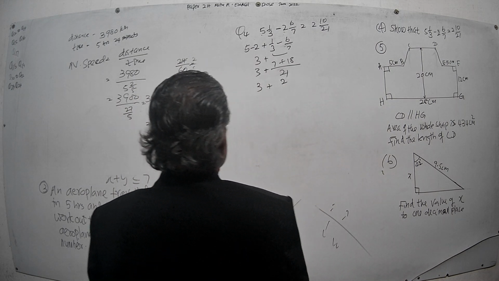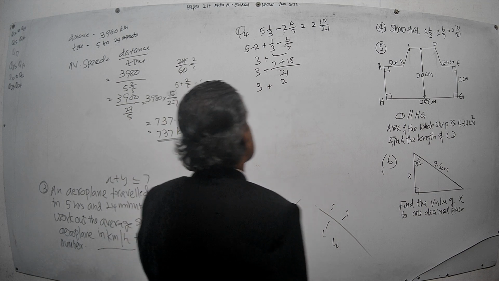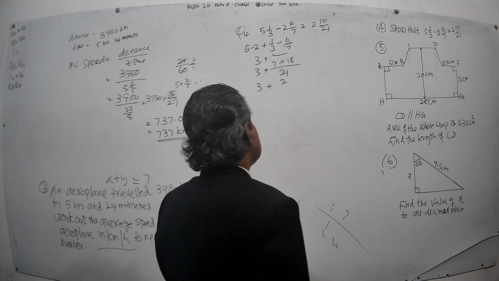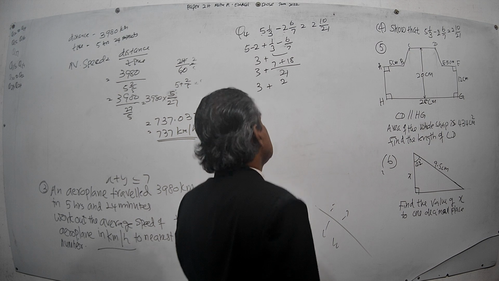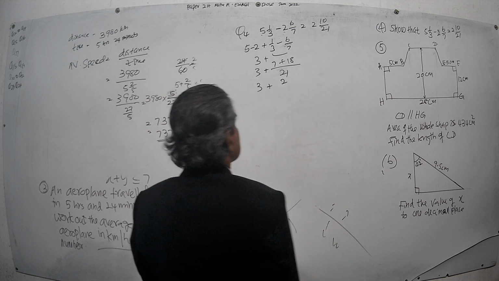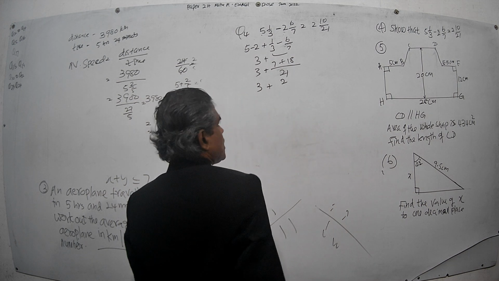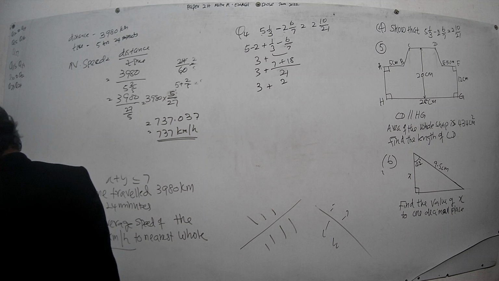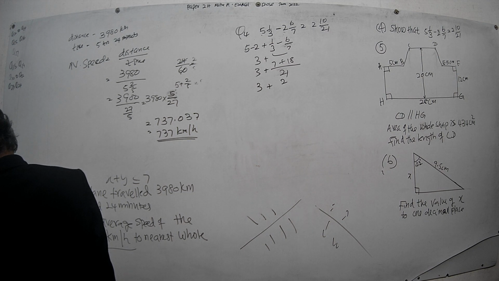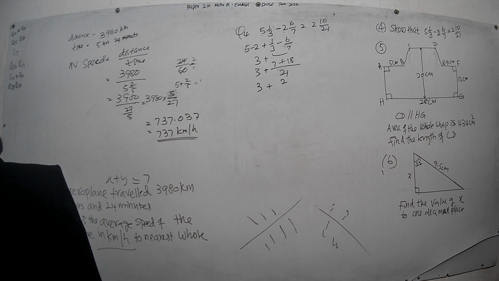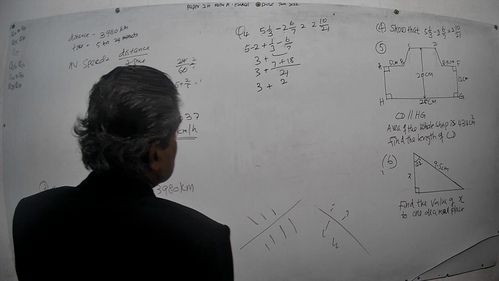Is that correct? 7, 8. How much? 15 or 25. Is there a mistake in the question? 5 1/3 minus 2 6/7.